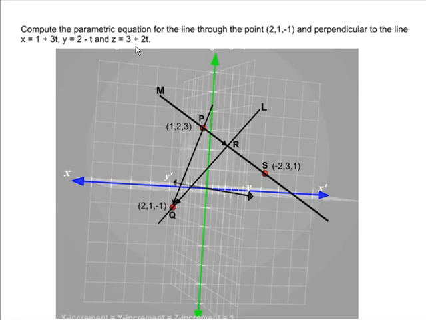So these parametric equations represent the line or the vector M, and vector M also contains the points P, R, and S.